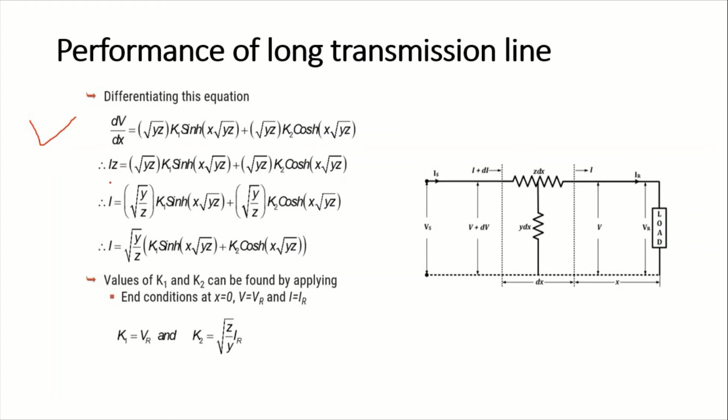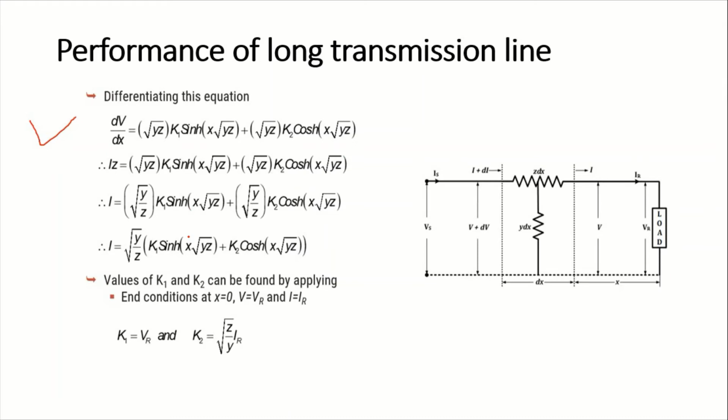Now we only have to find the value of I, so z is taken to the right side and divided into these two terms, so it becomes under root y by z k1 sinh x under root yz plus under root y by z k2 cosh x under root yz.